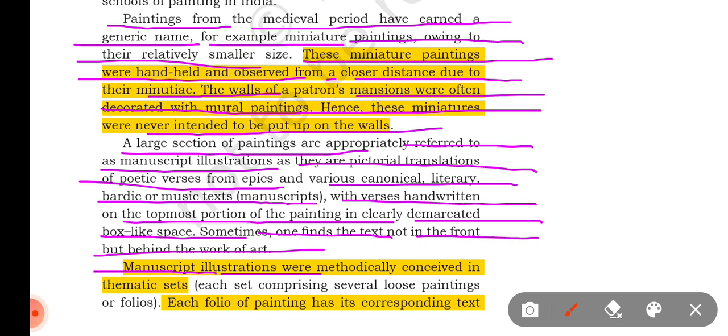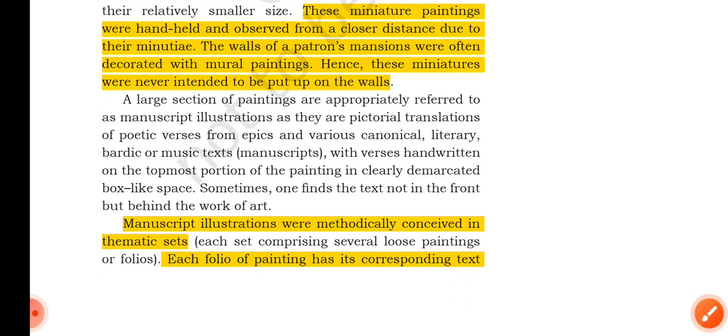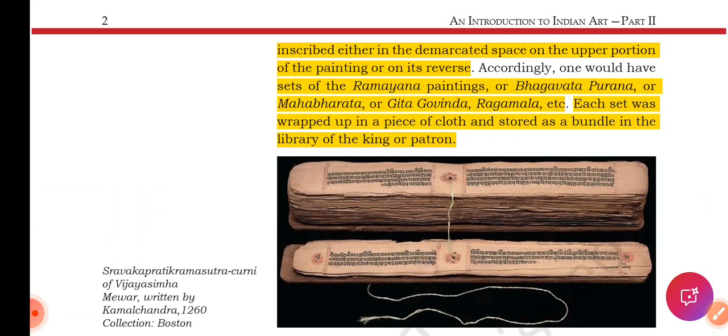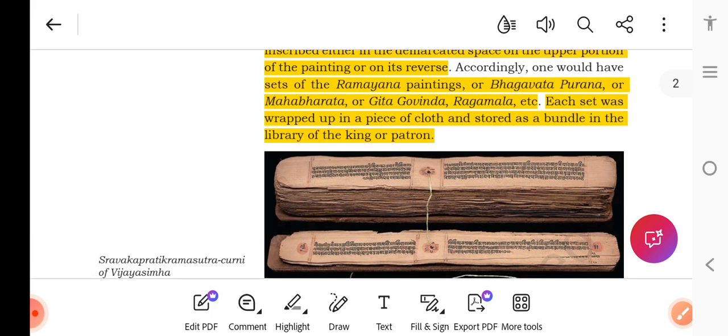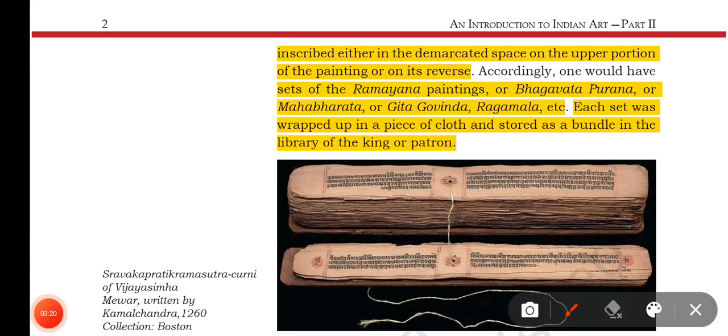Manuscript illustrations were methodically created in thematic sets, each set comprising several loose paintings or folios. Each folio of painting has its corresponding text, inscribed either in the demarcated space on the upper portion of the painting or on its reverse.